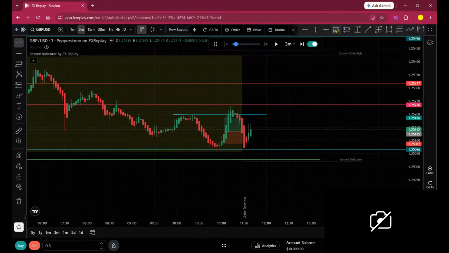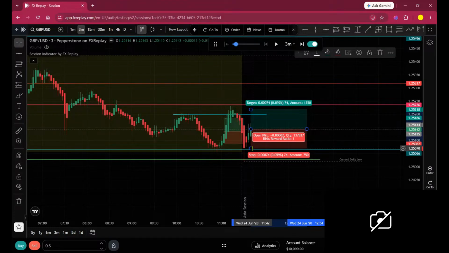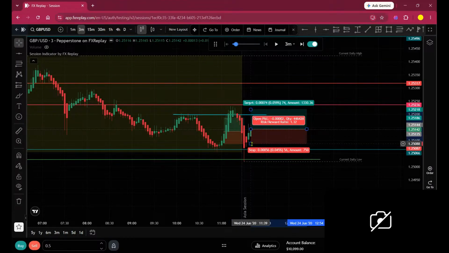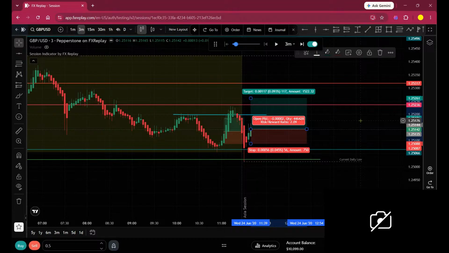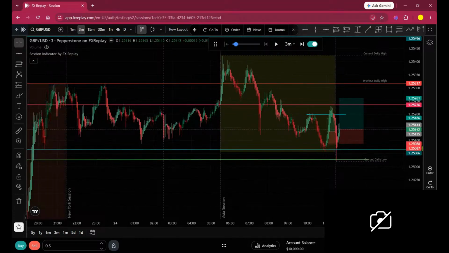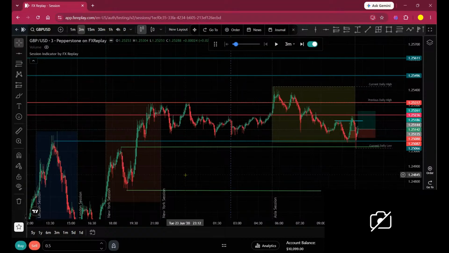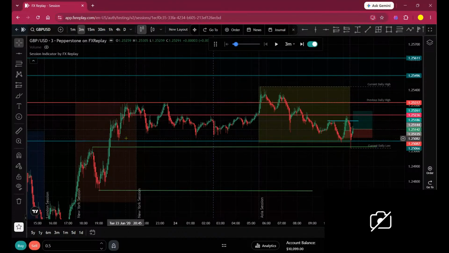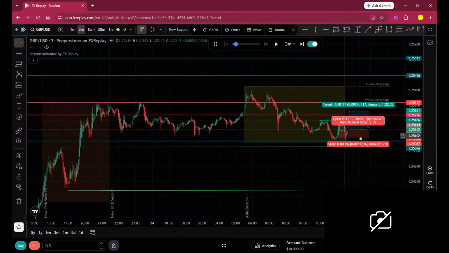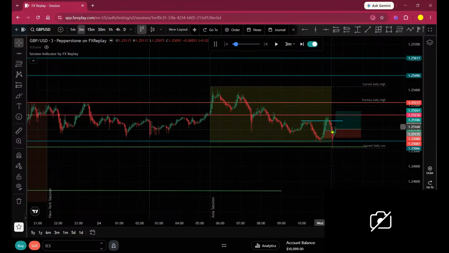As it satisfies our criteria, I'm putting my SL here, and my TP should be 1 to 2. If I take here, it should be right, and I'm taking the buying side because it swept this liquidity, and formed that bullish candle without the bottom wick in Heikin Ashi.